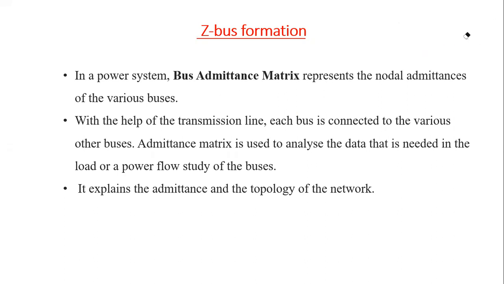If we use KVL, KCL or the incidence matrix, then in the case of the incidence matrix, if the n nodes increase, the dimension of that matrix increases. Therefore the multiplication and inverse of that matrix is somewhat difficult when we increase the number of nodes.